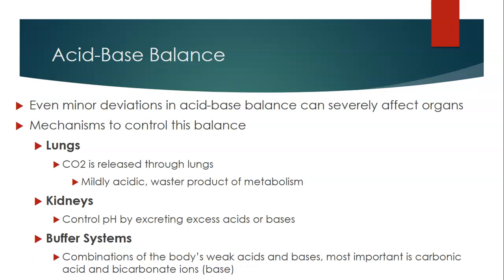The buffer systems work chemically in order to minimize changes in the pH of a solution by adjusting the proportion of acid and base. The most important pH buffer system that I want you guys to know about is going to involve carbonic acid, which is a weak acid that is formed from carbon dioxide dissolved in the blood, and bicarbonate ions, which are their corresponding weak base.